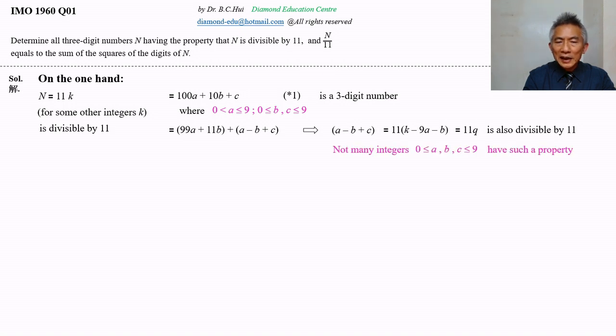Now, there are not many integers a, b, and c that lie between 9 and 0 and have such a property. We require a, b, and c to lie between 0 and 9, where the sum of a and c lies between 0 and 18, and minus b lies between minus 9 and 0.